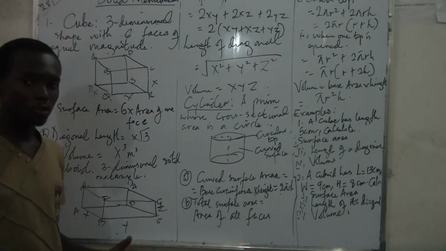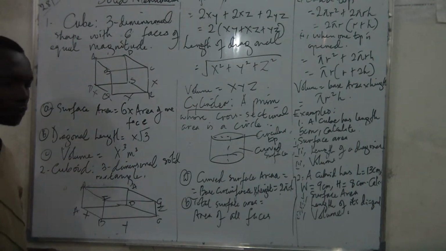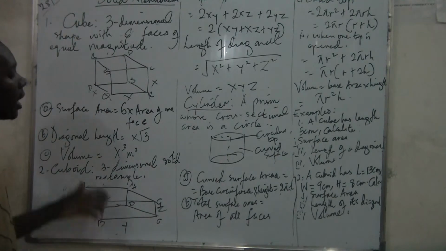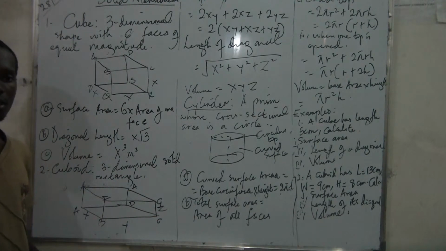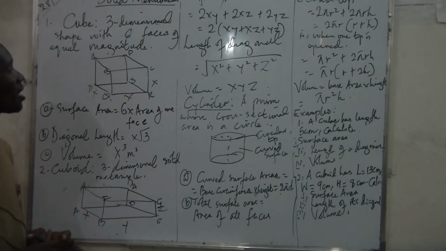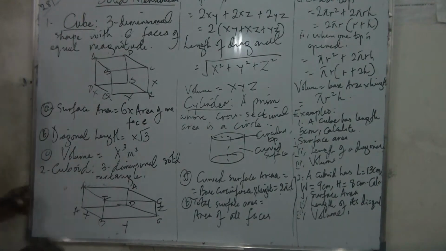But we have other objects, which are the real objects in nature, we call three-dimensional shapes. And three-dimensional shapes basically have length, width, and height. So it becomes three-dimensional. And in that, the first shape we'll be looking at today is a cube.